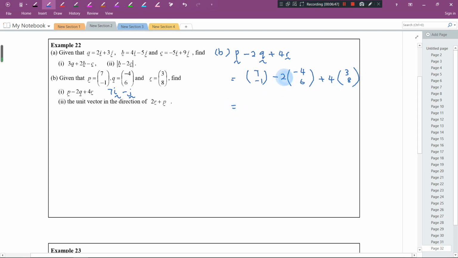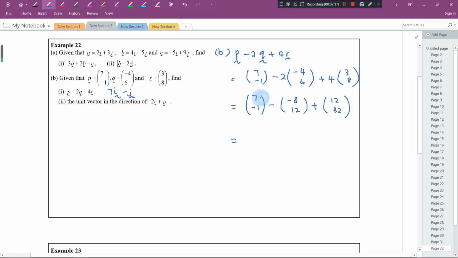Okay, so be careful when you have a negative sign. This one I just copy first, 7, negative 1. I keep the negative. And then 2 times negative 4, I will get negative 8. 2 times 6, you will get 12. Plus 4 times 3, 12. 4 times 8, 32.